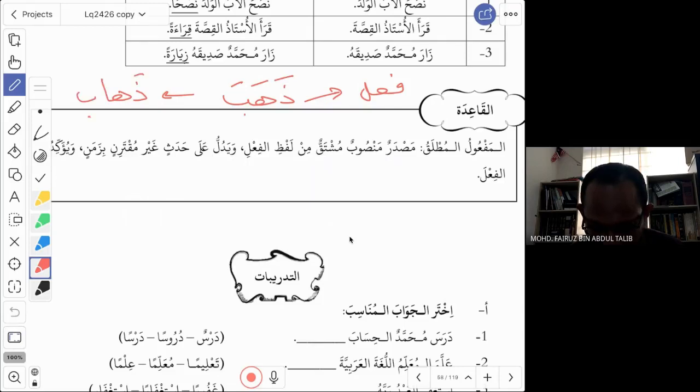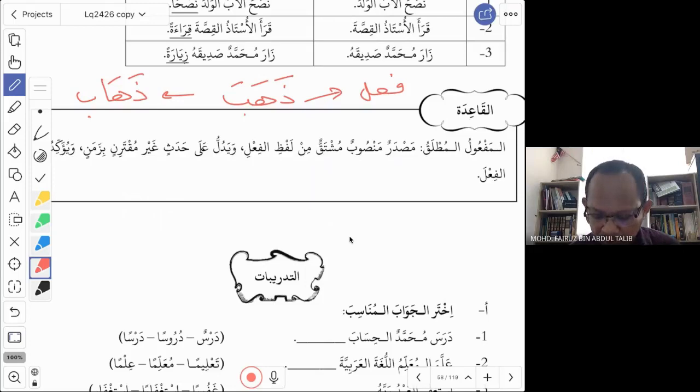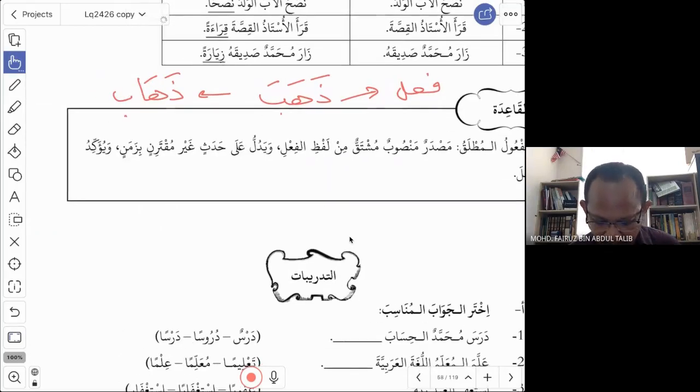When we say zahab, zahab means going. It is an action, it tells us about an action, but there is no zaman. There is no time. We don't say when, or go, or is going, just going. Right? So this is the difference between a normal fi'il and a masdar. This is actually a revision of what we have learned previously about masdar.